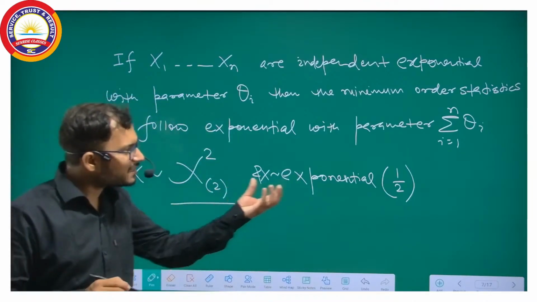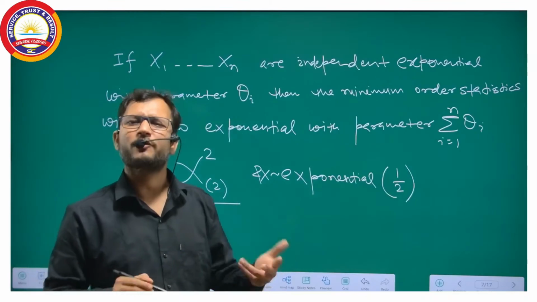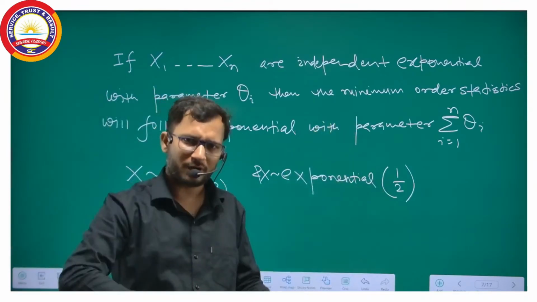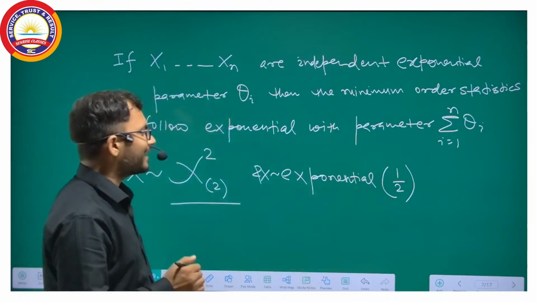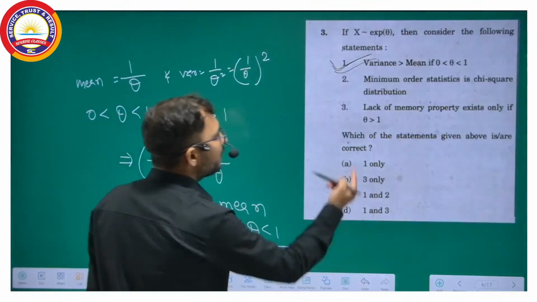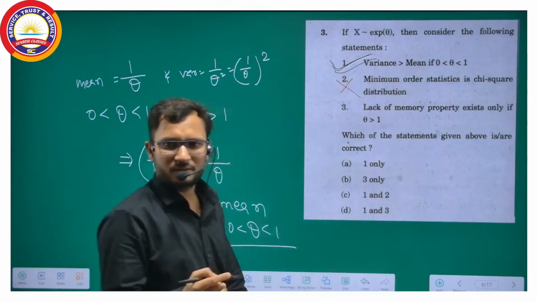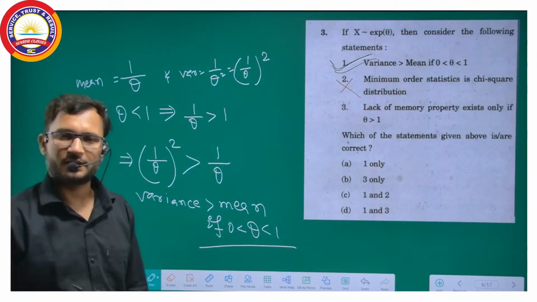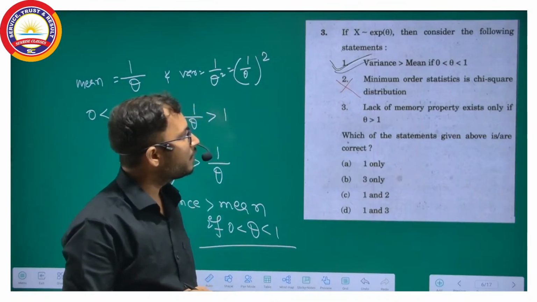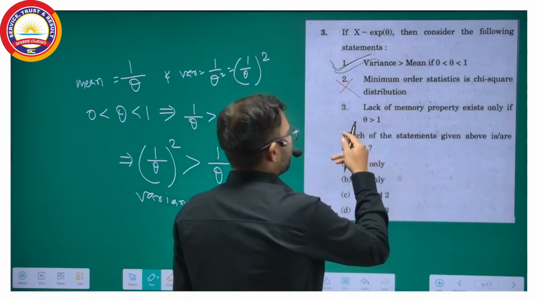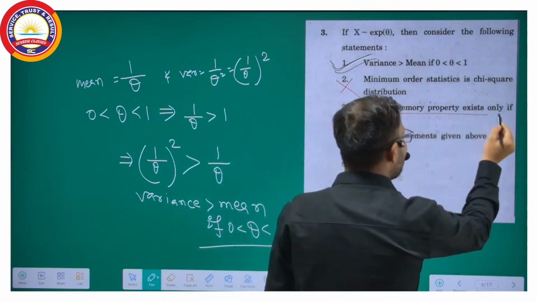But obviously this is just for the one parameter value, not for all of those. And it's not given that it is for only one parameter. And that's why the second statement that is mentioned here is incorrect. Getting my point? So yes, the second statement is incorrect. Now coming to the third statement, obviously exponential distribution lacks memory.